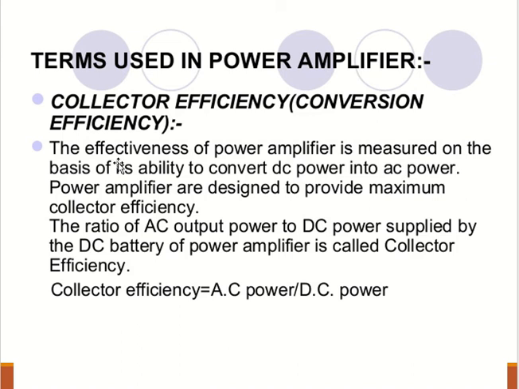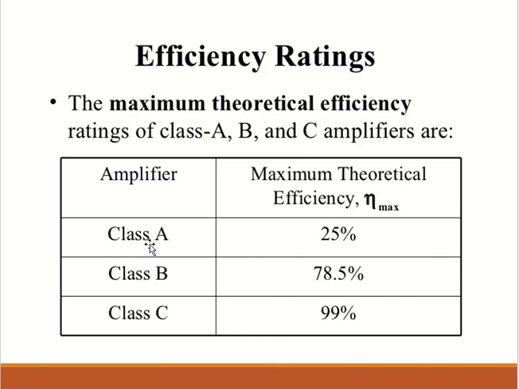The ratio of AC power output to the DC power supplied by the DC battery is called collector efficiency, meaning it is the ratio of AC power to the DC power. Power amplifiers are designed to provide maximum collector efficiency. Here we can see that Class A amplifier has 25% efficiency, Class B 78.5%, and Class C 99% efficiency.